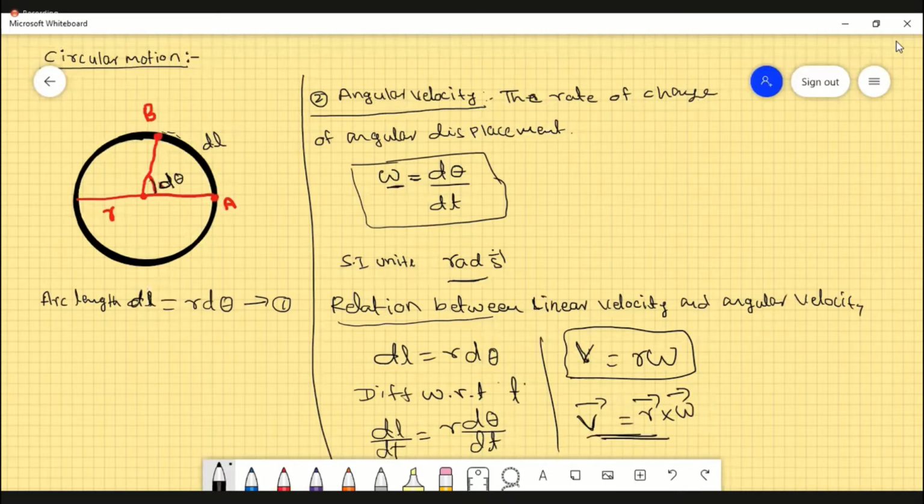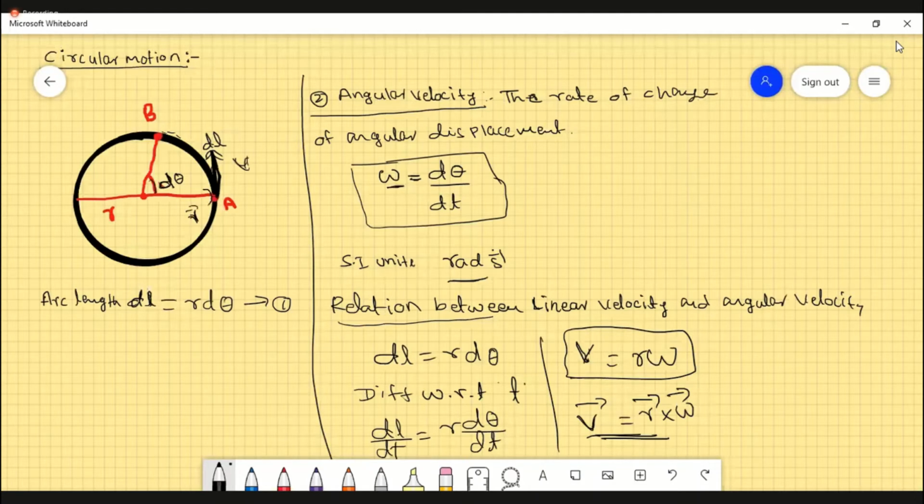By using the right hand thumb rule, we find the direction. Here this is linear velocity and this is r vector.